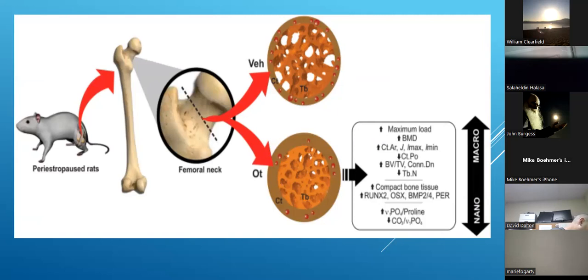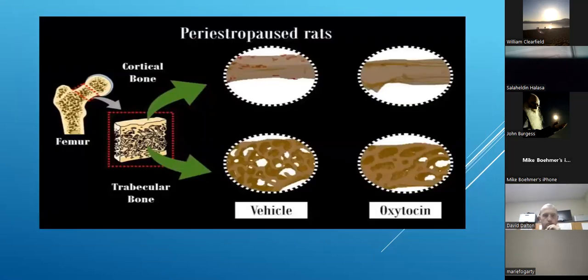You can see very clearly that oxytocin does help to increase the bone mass, by taking sections of the bone from the rats treated with oxytocin and the other group not treated with oxytocin. Again, these are histological sections of the rats treated with oxytocin versus the ones that were not, and it shows how oxytocin stimulates the bone mass.